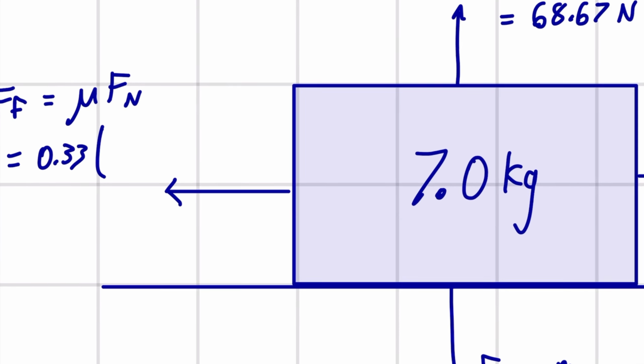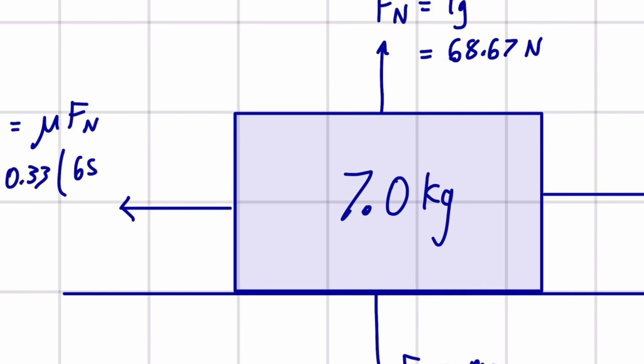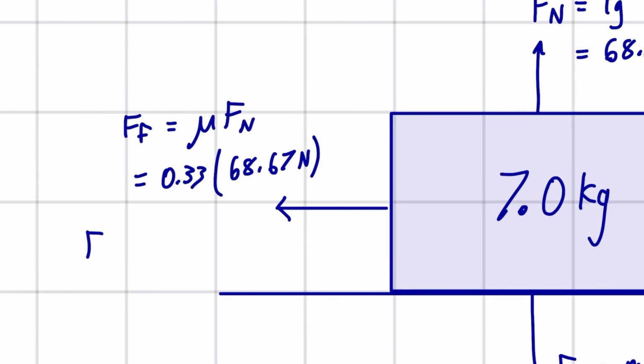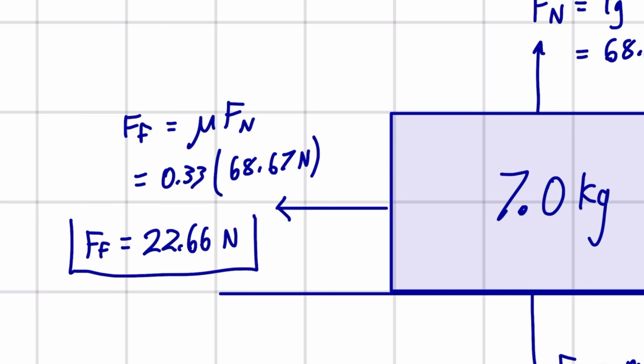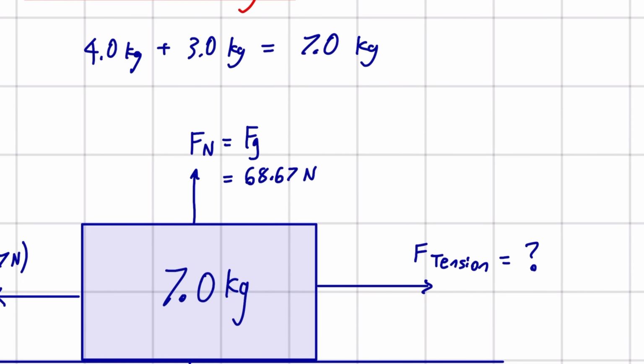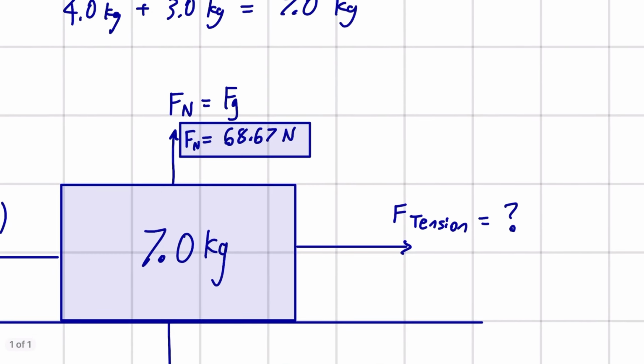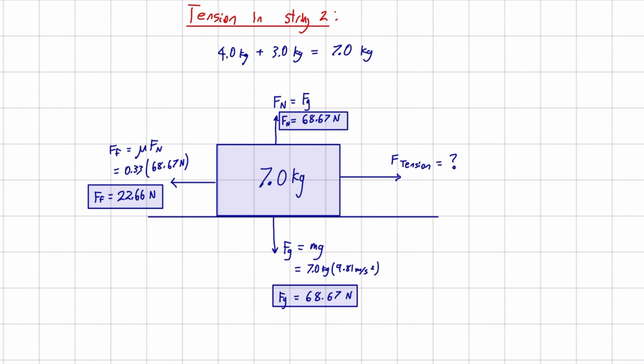Multiplied by Fn was 68.67 newtons. So that means our force of friction is equal to 22.66 newtons. All right. Again, I'm just going to put boxes around these so that our values don't get confused with our calculations.